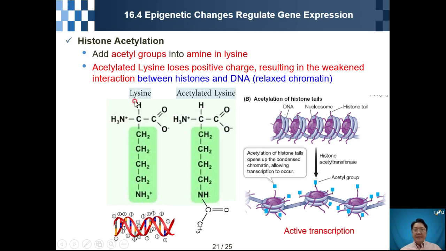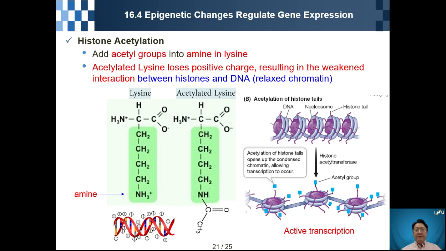This is the amino acid lysine, and at the end it has NH3, which we call an amine. Usually the amine is positively charged, and DNA is negatively charged. So it means that histone proteins and DNA are closely interacted.